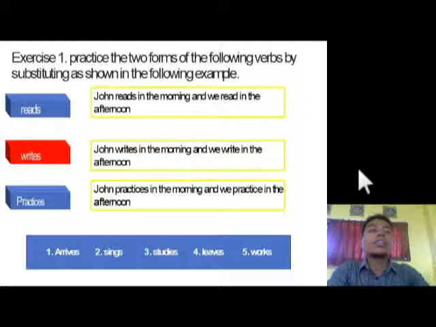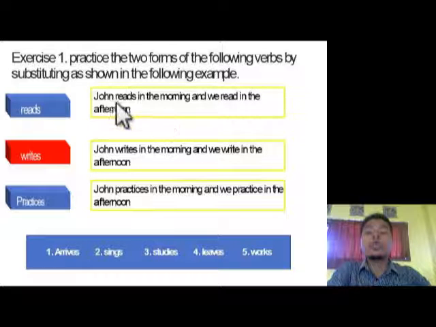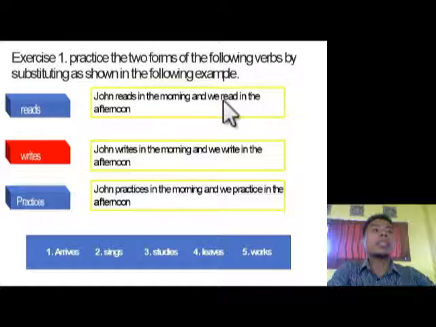In the second slide, you will do the first exercise. In the first exercise, you are going to make your own sentence using two subjects. The first subject is a third singular, and the second subject can be second or first singular or plural, like we.